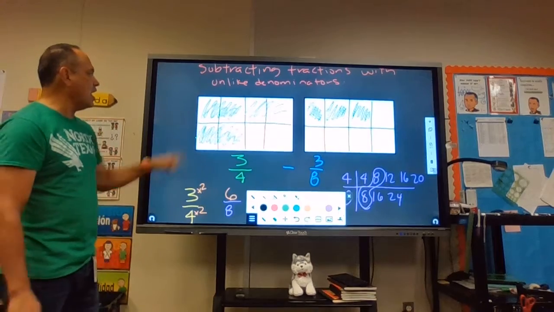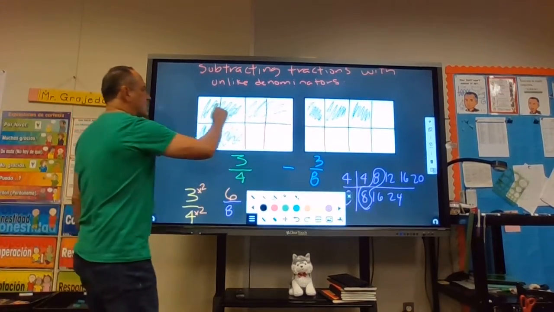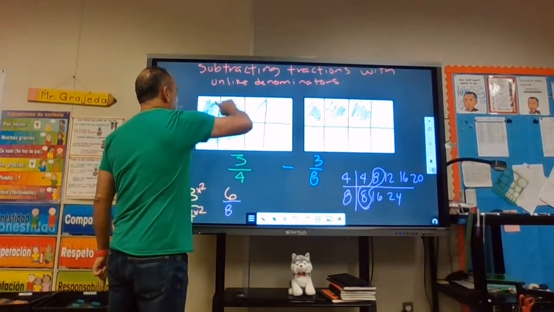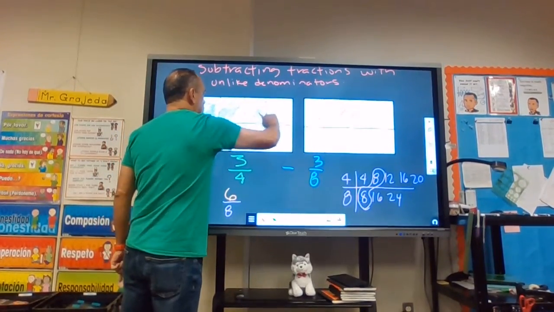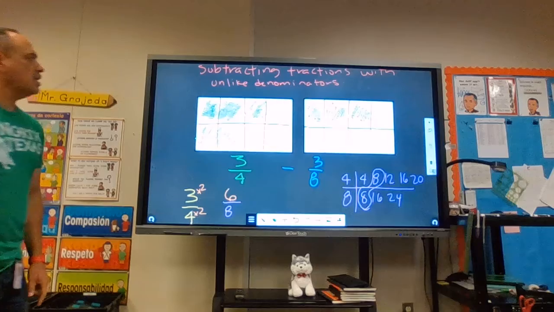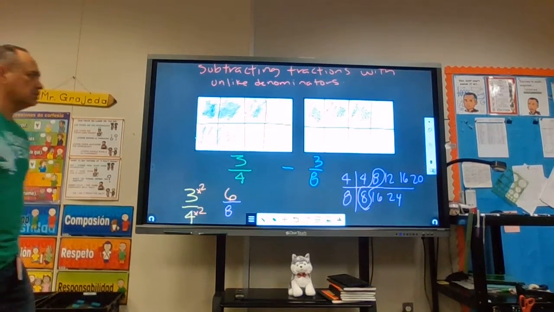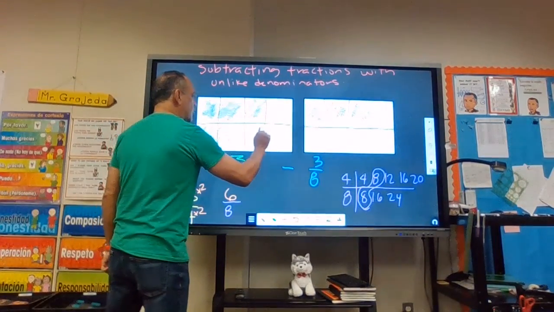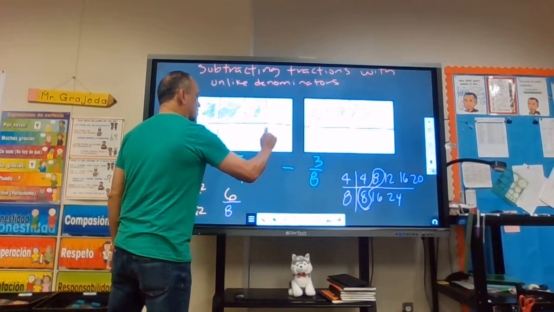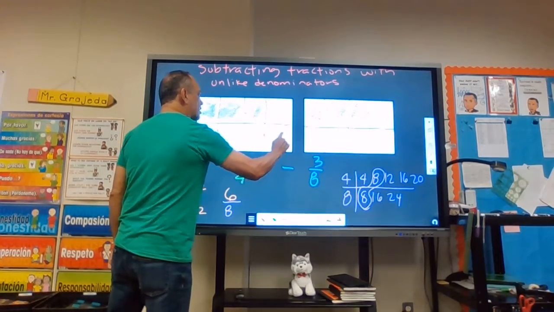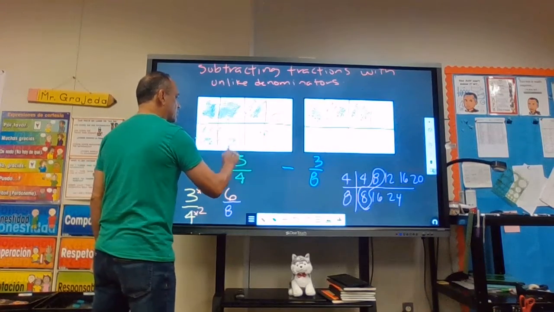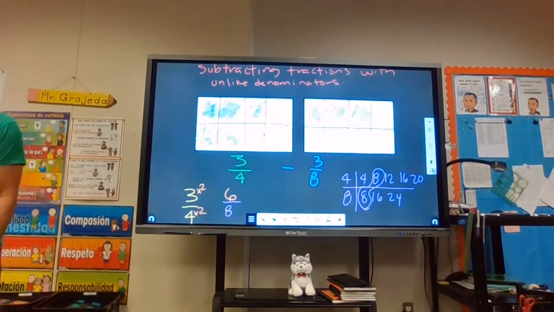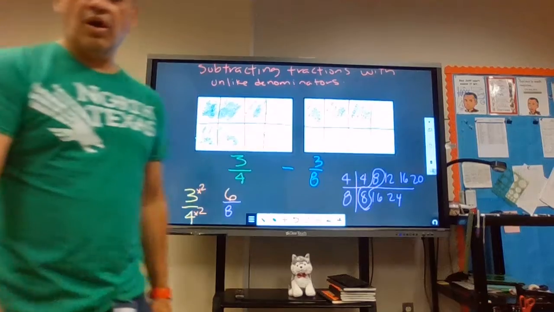So now we ate 3 eighths. 1, 2, 3. That means I have left over, remember, there's nothing here, it's just an empty space. So we have 1, 2, and 3. 3 eighths left over. All right? All right, cool.